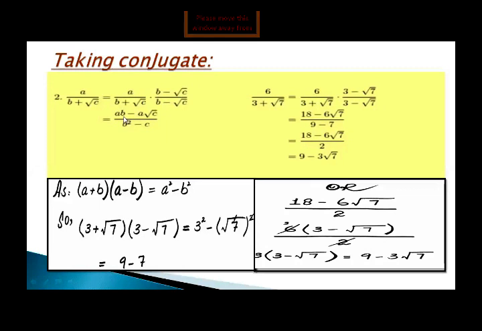In the numerator, a multiplied with b gives ab, and the same a multiplied with minus root c gives plus minus, minus a root c. Whereas in the denominator we will have the formula situation, that is b square minus c square.